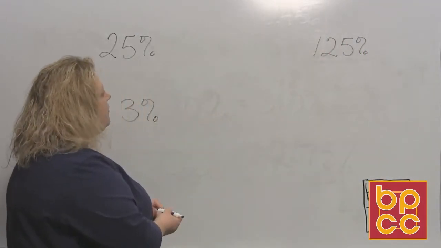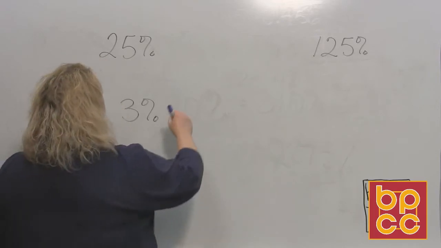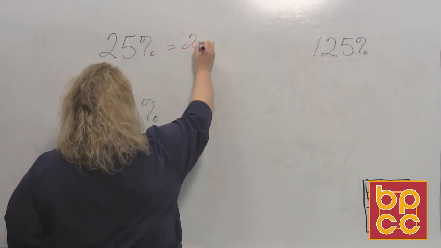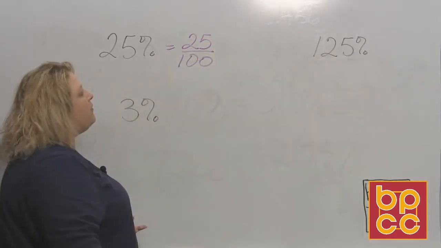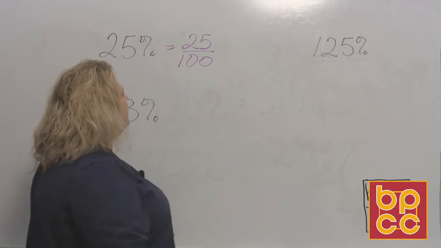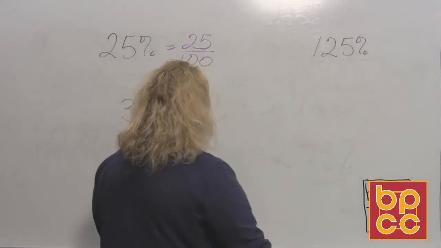All right, so my first example, A, is 25%. You take the percent, write it over 100, and then if you can reduce it, you reduce it. 25 over 100, of course that's going to reduce because it's dealing with money.